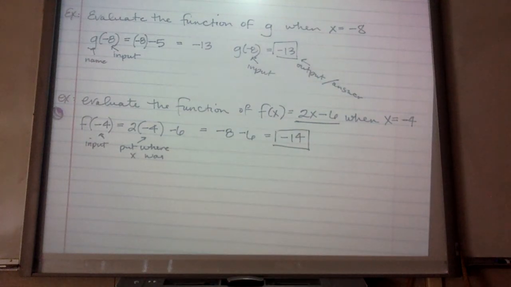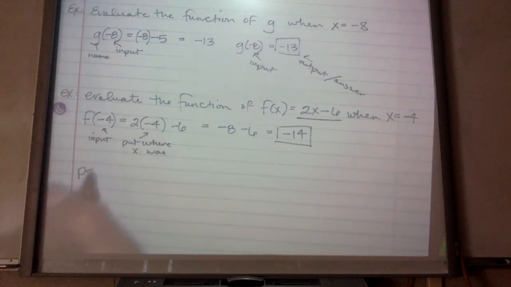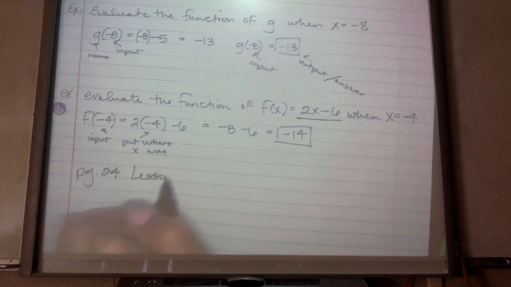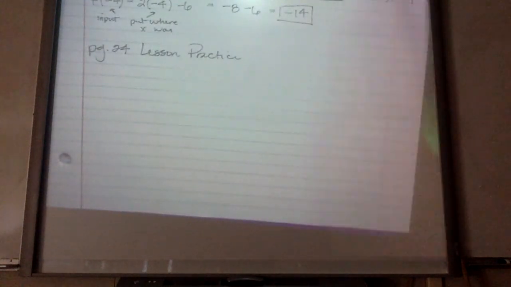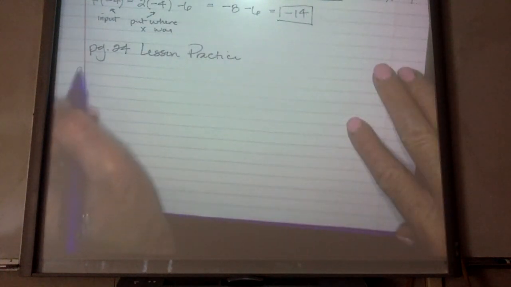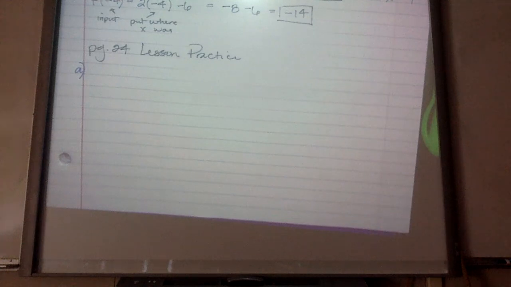All right, so that's examples of everything we're going to cover today. Now I'm going to do the lesson practice with you. Lesson practice is on page 24, and we're going to jump right in. Part A asks us to say whether it is a function and then identify domain and range.